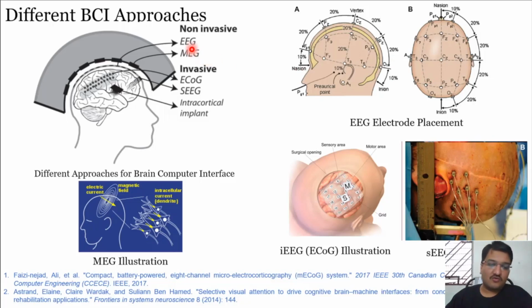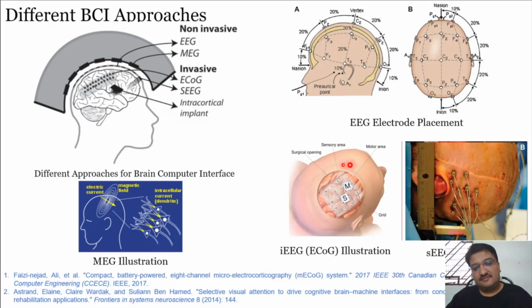If we go further deep inside your head, we take a recording from somewhere along this line, near your cortex, at the outer surface of your brain. That is called ECoG, nothing but electrocorticography. In other words, it is also known as iEEG, which stands for intracranial EEG.